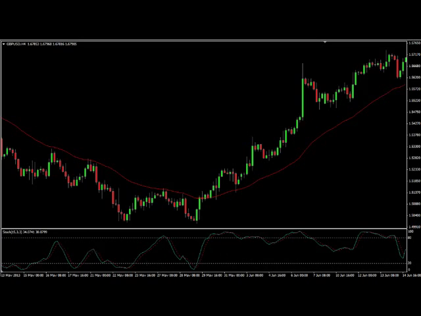One of the benefits of stochastic is the fact that since it's momentum based, it has the added advantage of having a kind of leading effect to the market. So momentum, by a fundamental rule, really changes direction before price does.